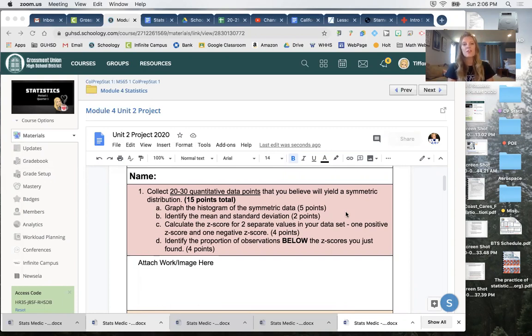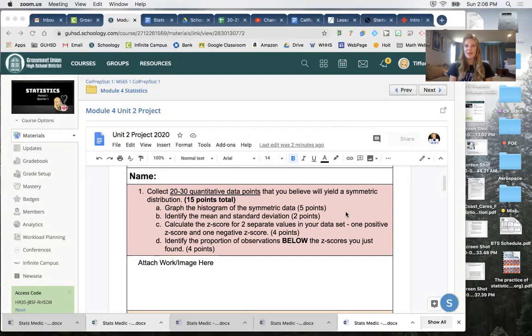So the first thing you're going to do, just like last time, is collect 20 to 30 quantitative data points, not categorical. So make sure that whatever you're gathering is quantitative data that you're collecting from people, because you also want to make sure that this data will be symmetric.